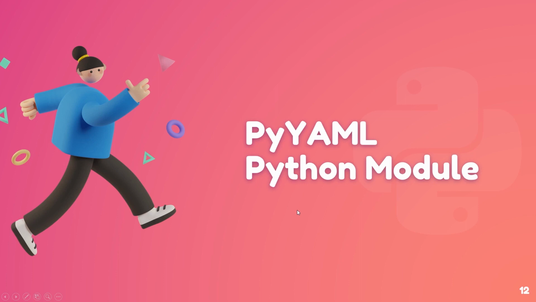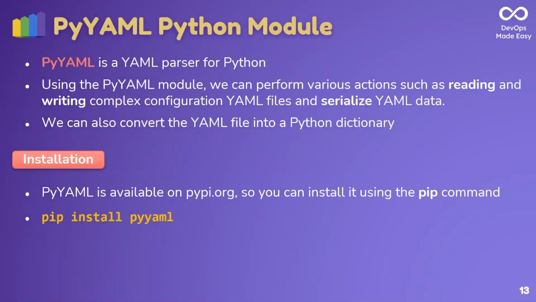Then we'll see what the PyYAML module is for reading YAML files in Python. Before seeing the different data types and how to understand them, we'll practice all these data types in Python. PyYAML is one such module available for Python for reading YAML files. It is a YAML parser for Python.